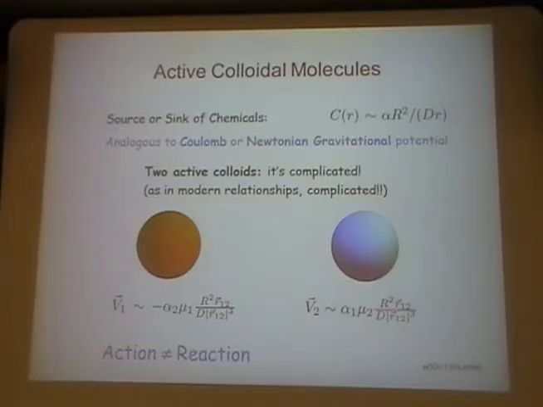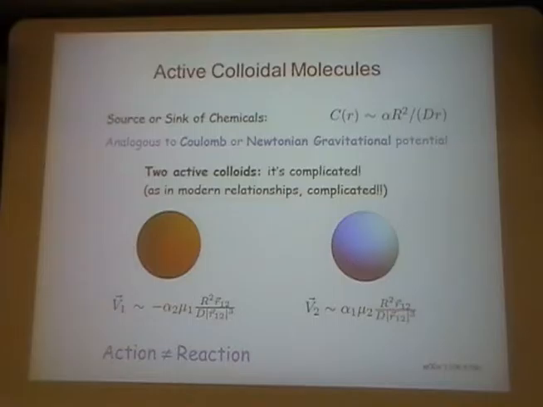So despite the fact that this is very similar to electrostatics or gravity, you can have a situation in which the velocity that is felt by particle number 1 is not the exact opposite of the velocity felt by particle number 2, because this one is controlled by the product alpha 2 mu 1, and that one is controlled by the product alpha 1 mu 2. So if you want, you have two types of charges, and number 1 will have mu 1 and alpha 1, and number 2 will have mu 2 and alpha 2.